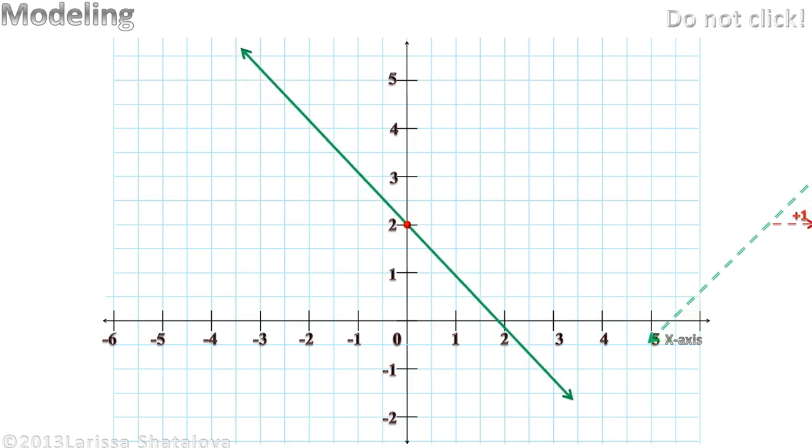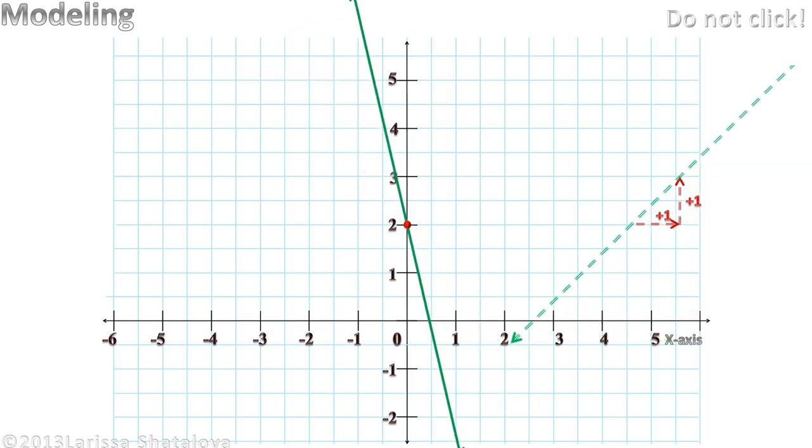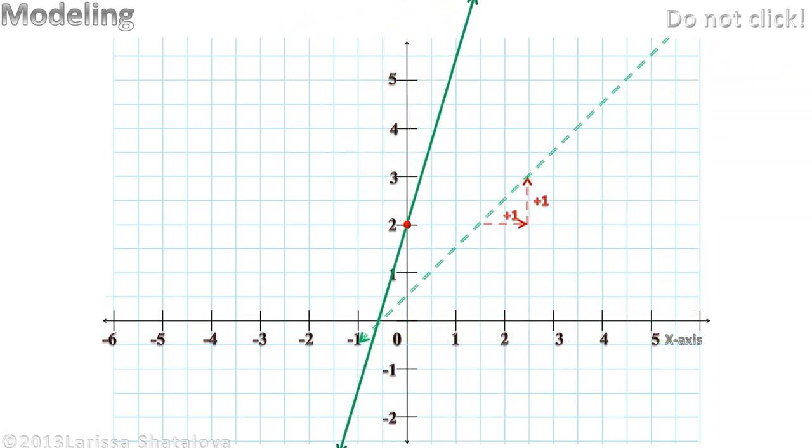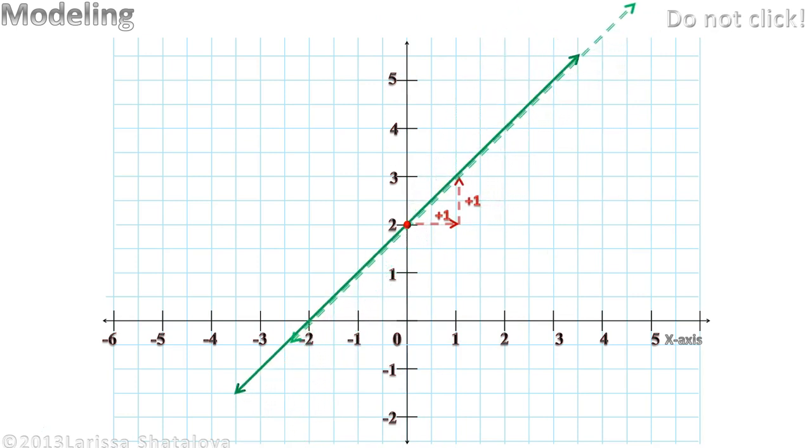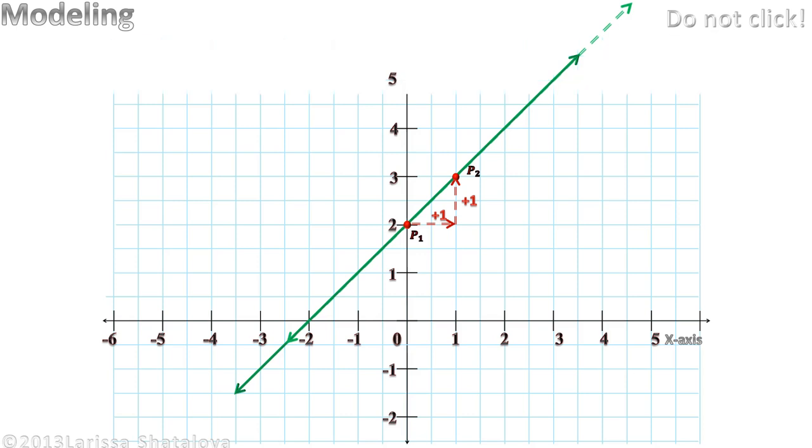Now I want you to see what will happen if you combine point and slope together. As you see, now we practically got a second point, and as a result we have a first point and a second point of the line.